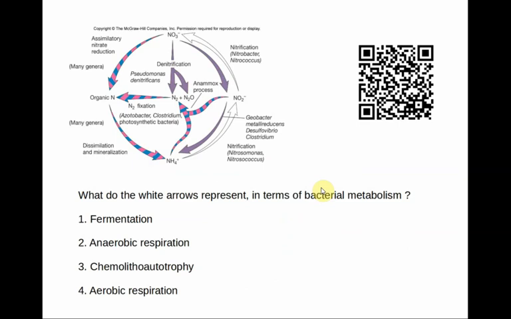So the different colors of the arrows represent different things in this diagram. What is the process that's occurring with the white arrows here? Yeah, just think about that. Let me set up the question.